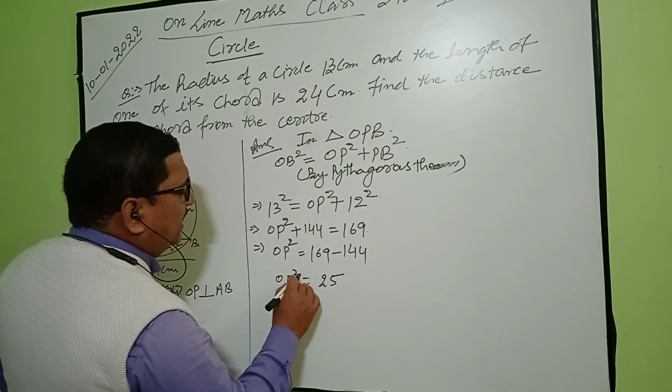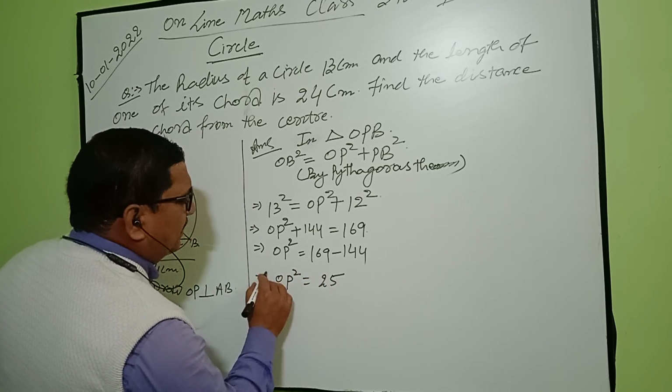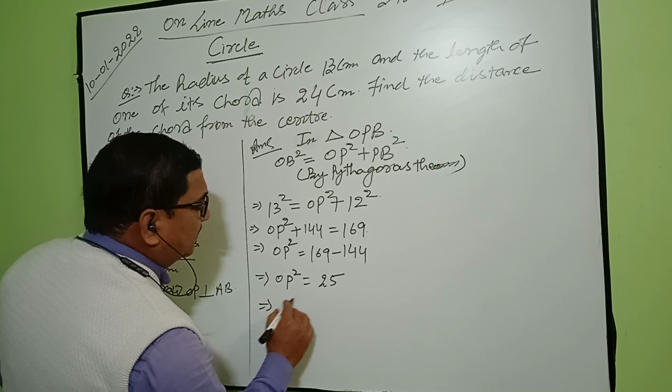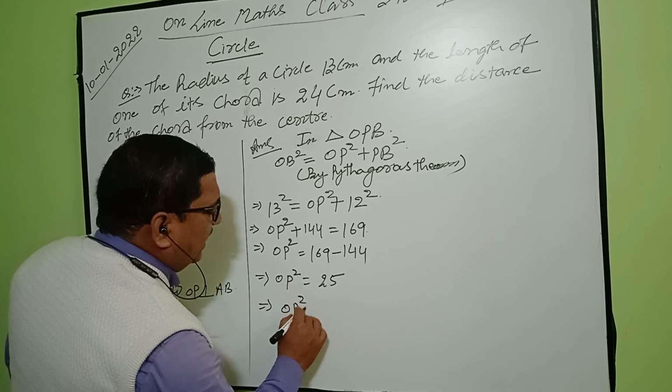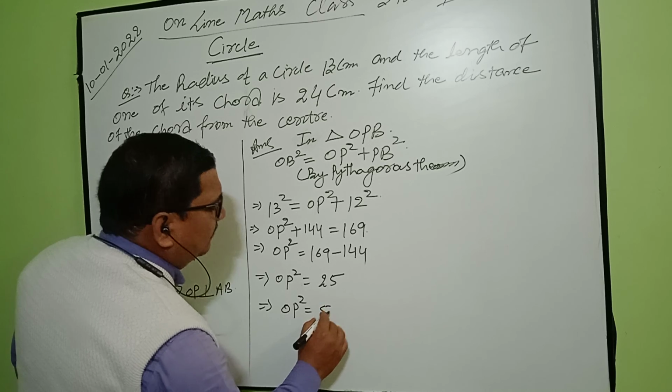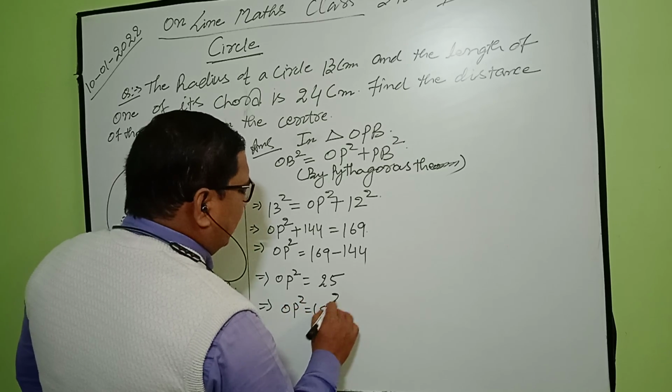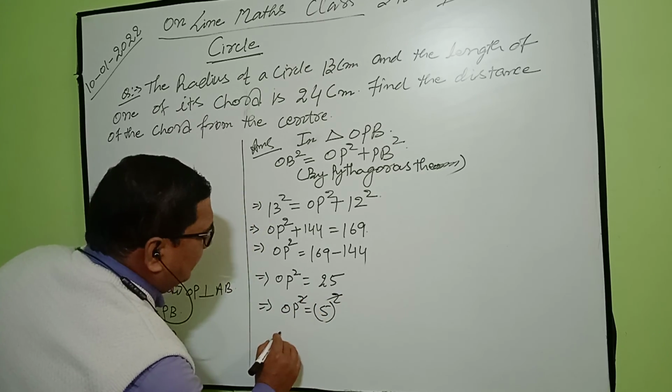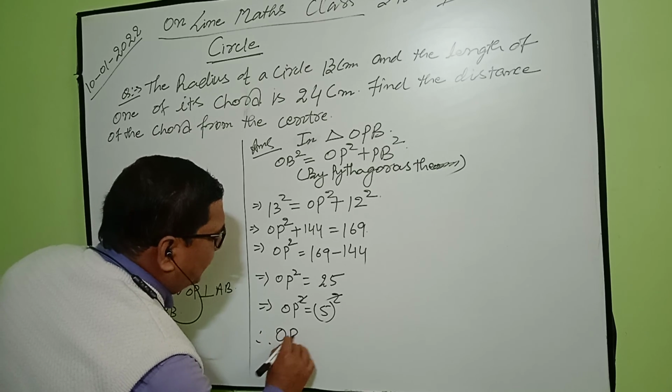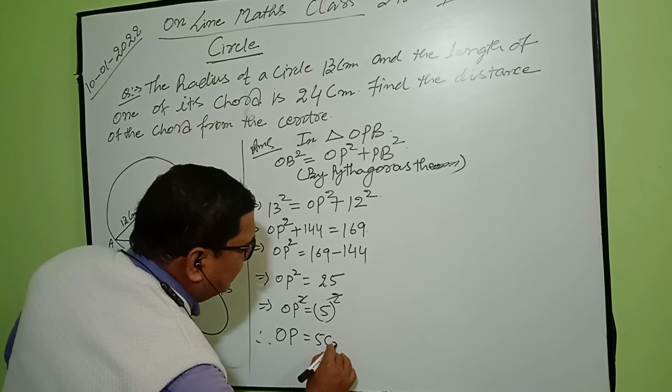OP square equals 25. Now we can write OP square equals 5 square. Square cancels. OP equals 5 centimeter.